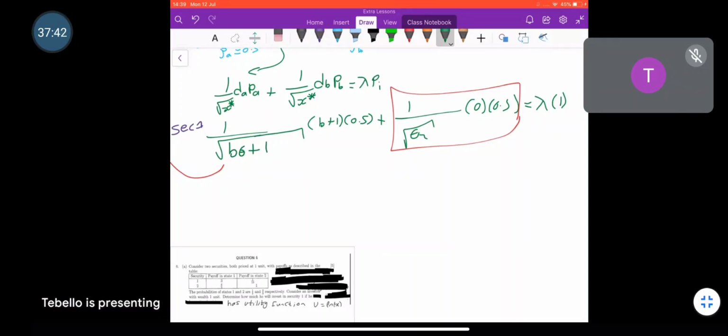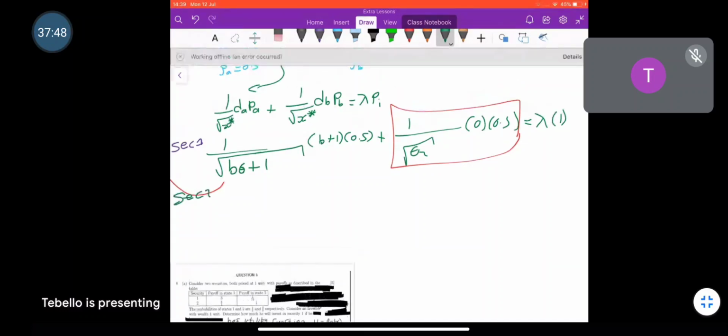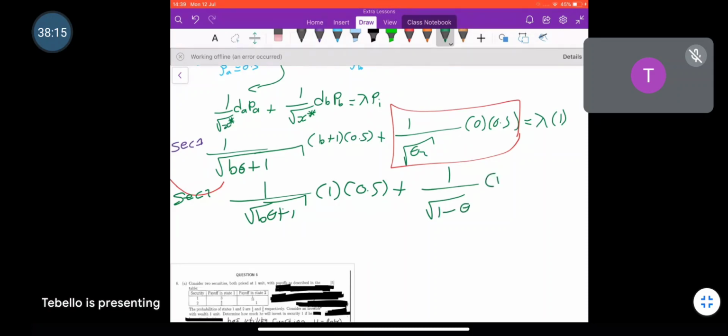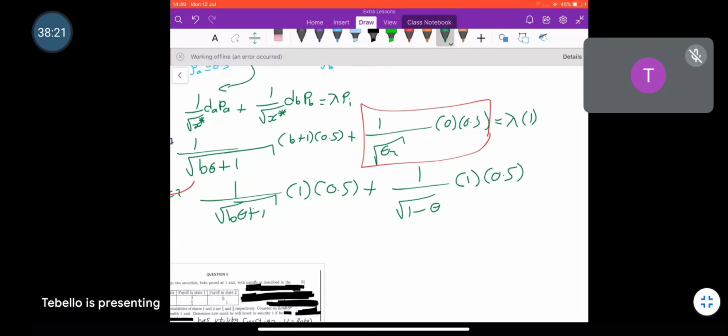And then for security 2, again you are going to have 1 over the square root of b times theta plus 1 for state 1, and the payout for this one is going to be 1, because we say the payout for state 1 is going to be 1, times the probability, times 1 over the square root of theta 2, which is going to be 1 minus theta, times the payout, again 1, times the probability of state 2, again 0.5, equals lambda times the price, which we said is going to be 1 again.